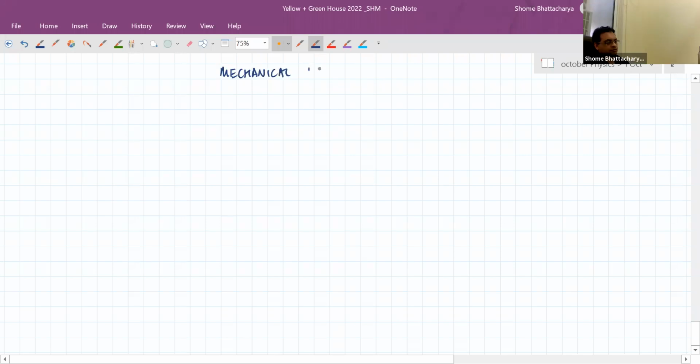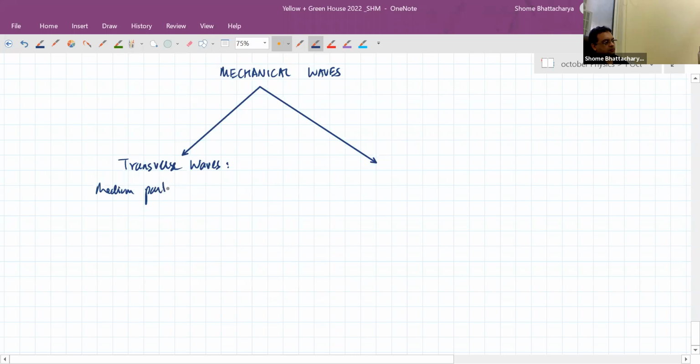So mechanical waves are bifurcated into two categories, something that I'm sure all of you have seen before in your understanding of waves from class 9th, 10th level. One category of waves is called the transverse mechanical waves, or here simply we'll call them transverse waves. So transverse waves are ones in which the medium particles oscillate along an axis which is perpendicular to the propagation of the wave.